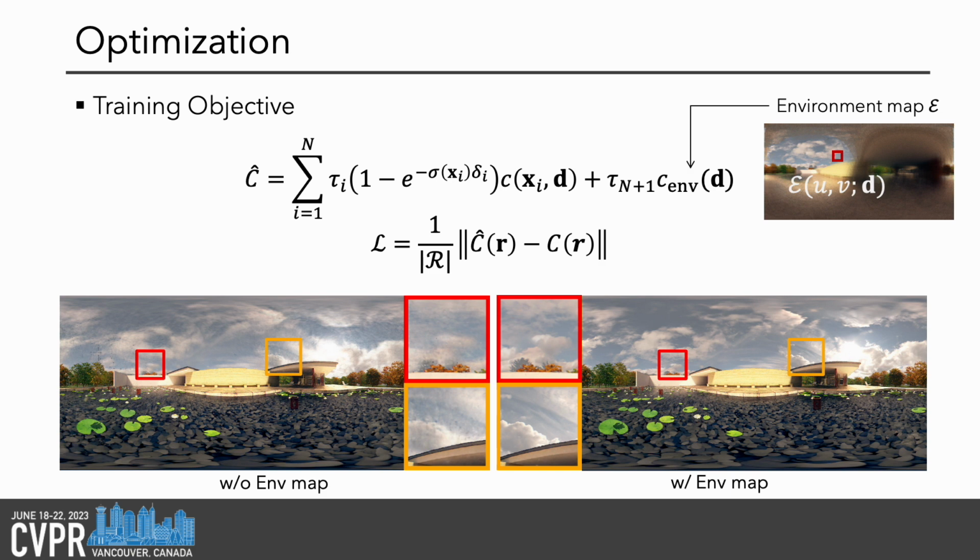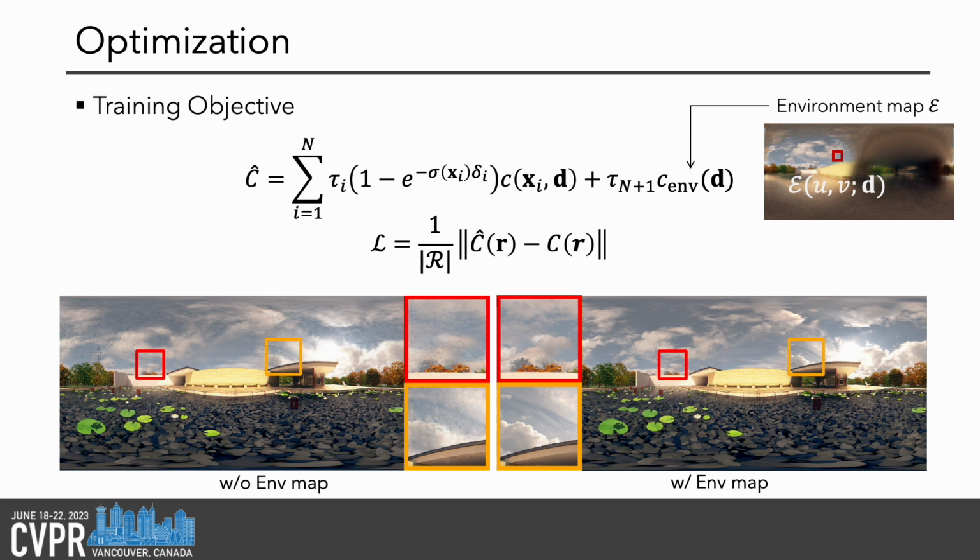Now let's take a look at how we optimize EgoNeRF. Following other works, we minimize the color discrepancy between volume rendered images and the training images. Additionally, we optimize the environment map to handle the infinitely far regions such as skies. You can see the effect of the environment map in the figure below.